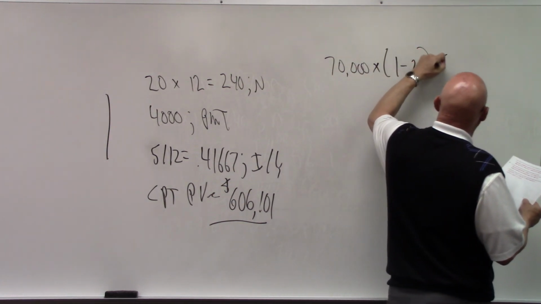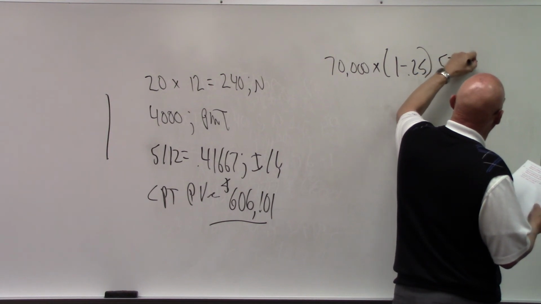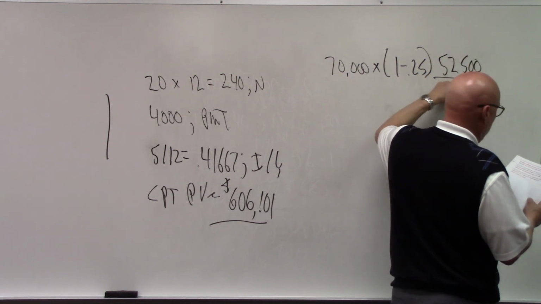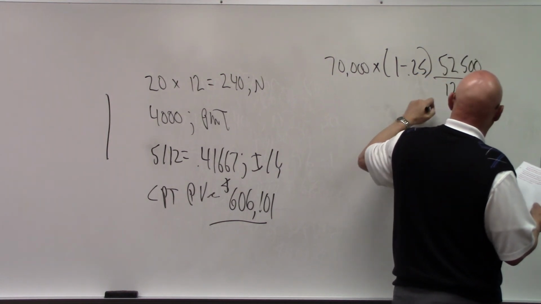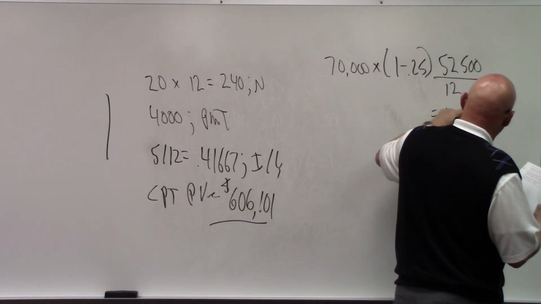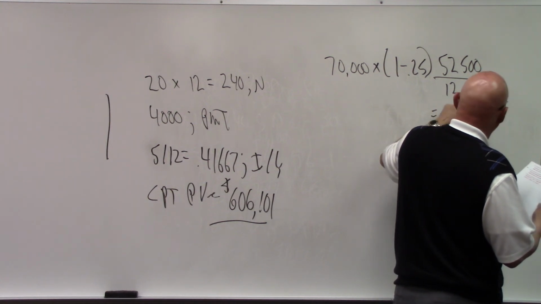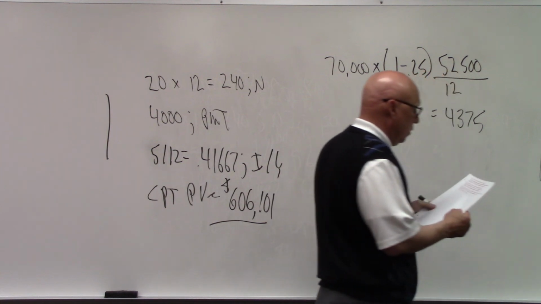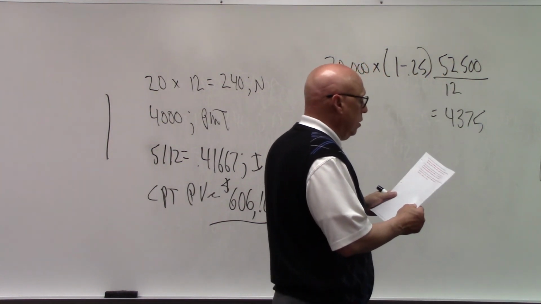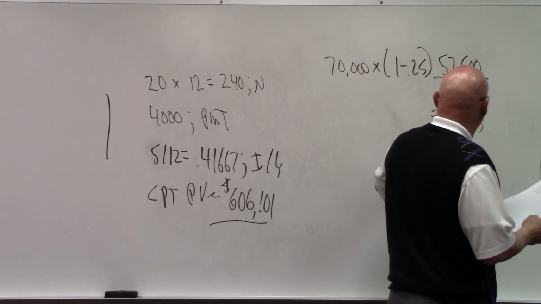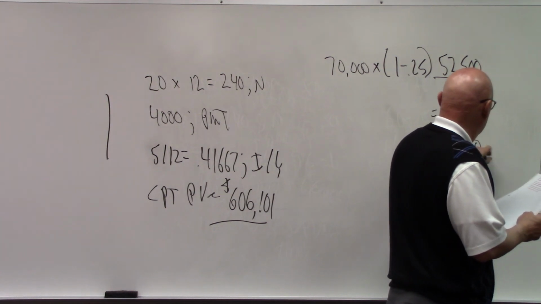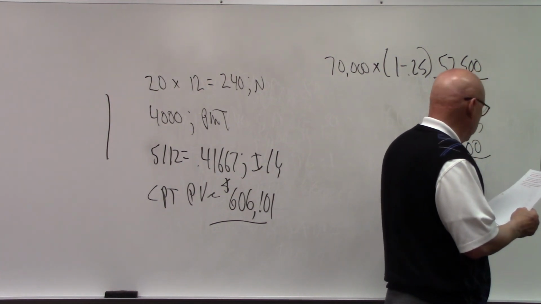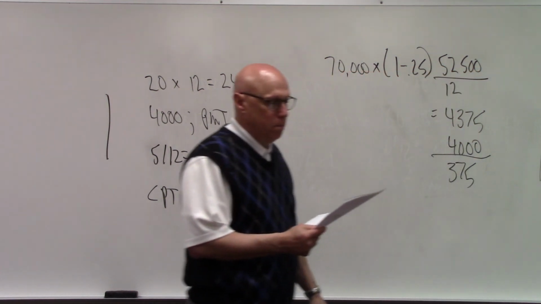And you come up with 52,500. Divide that by 12, and you'll have $4,375 a month to spend. And your monthly expenses, $4,000. So you can save $375 a month. Okay?